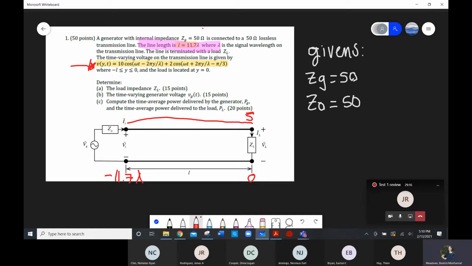Because that way it's not derived the way you do it, so you have to put it in a way where this guy is always going to be negative, and this guy is always 0, okay? So make sure you know how to accommodate your length to where you have it in this way, okay? Any questions on that? That is the first and most crucial start of the problem.